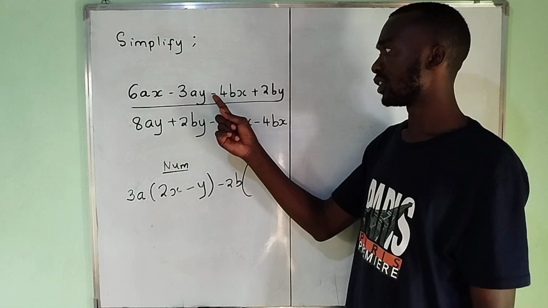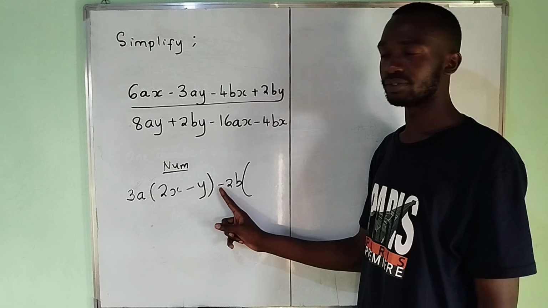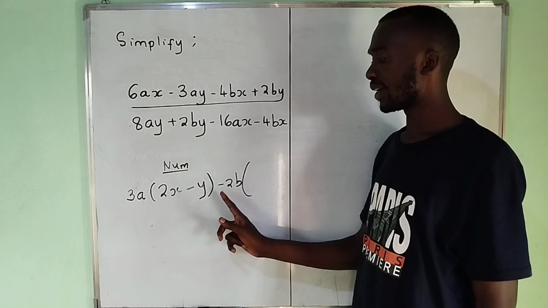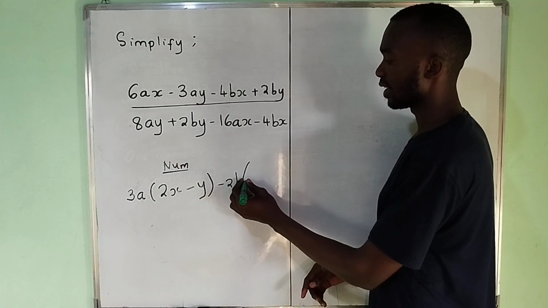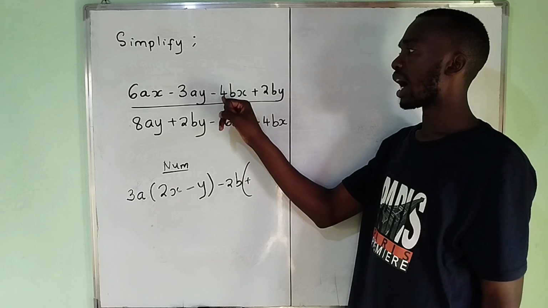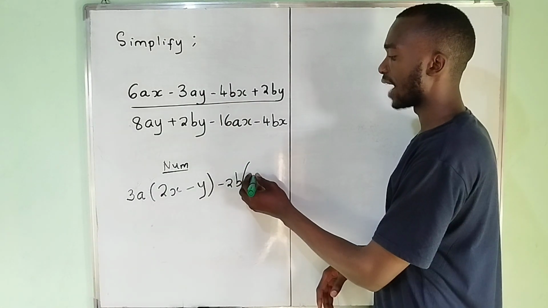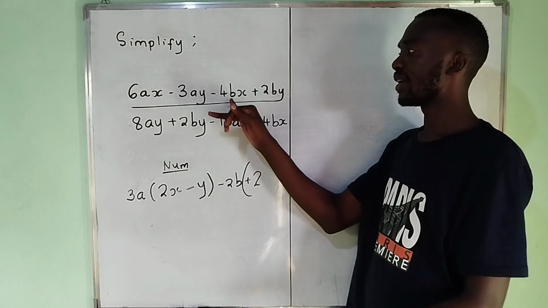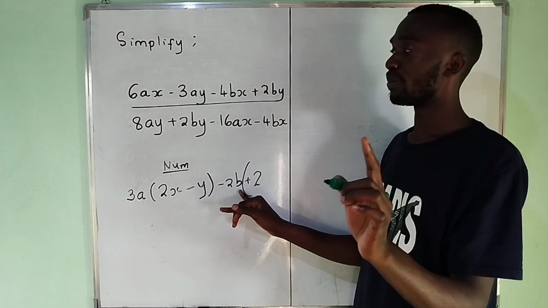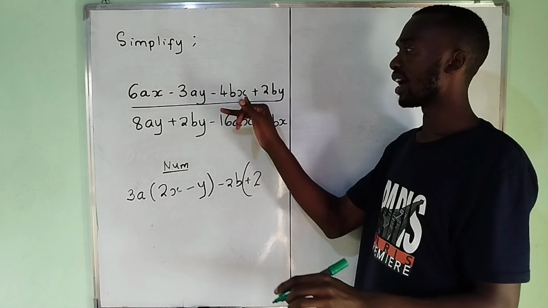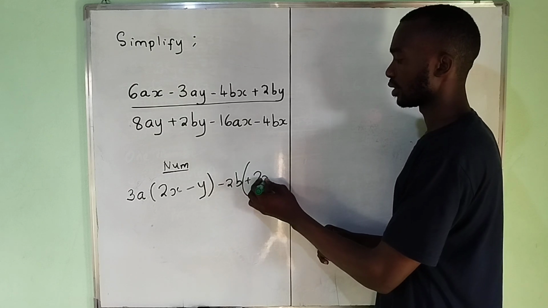Now, when you take a negative divided by a negative, we are going to obtain a positive number. A 4 divided by a 2 is a 2. A b divided by a b is a 1. So b cancels b. Then we have x remaining.